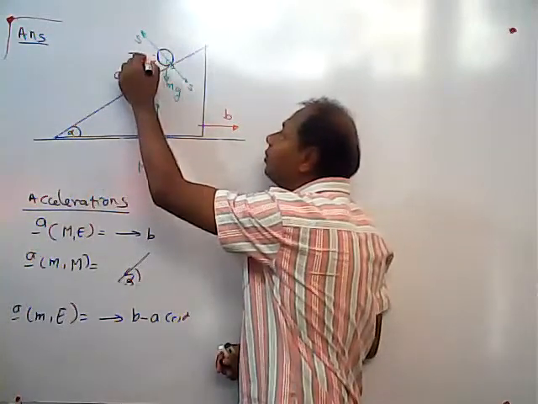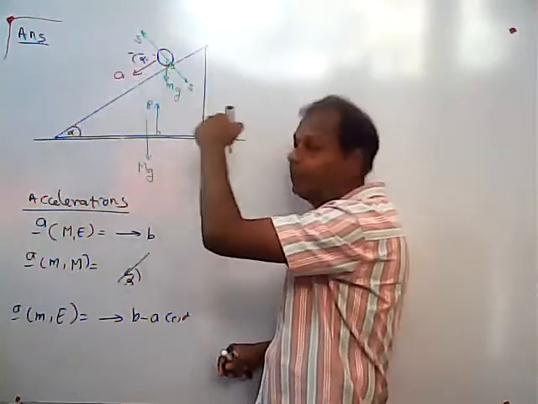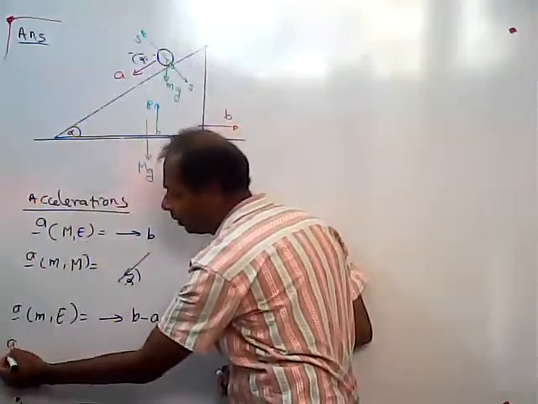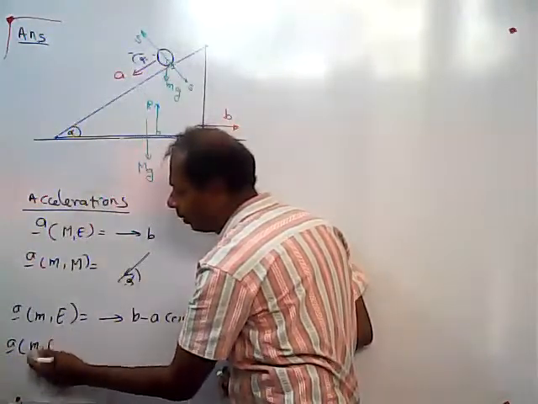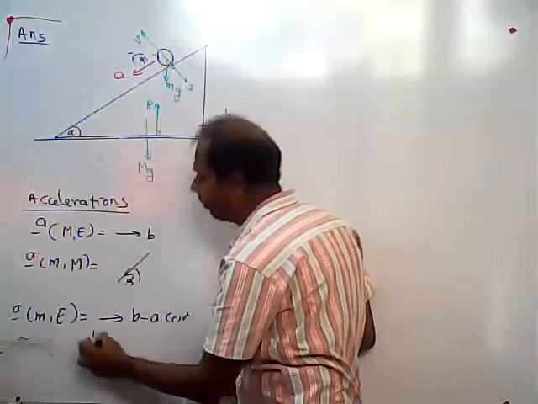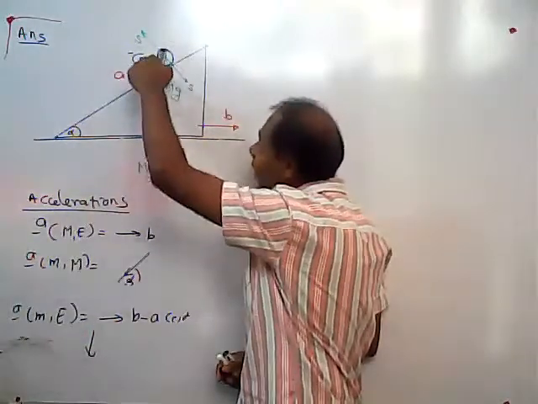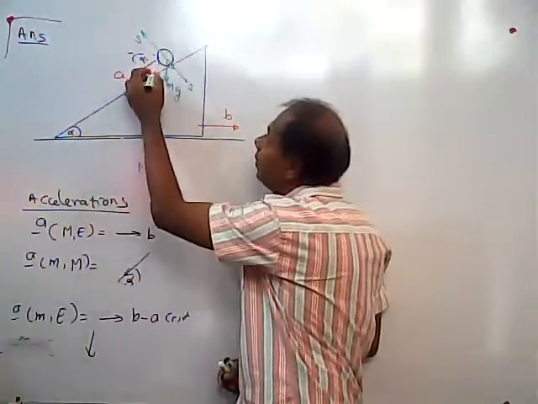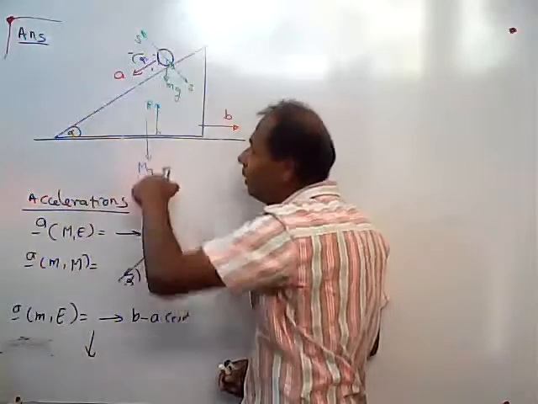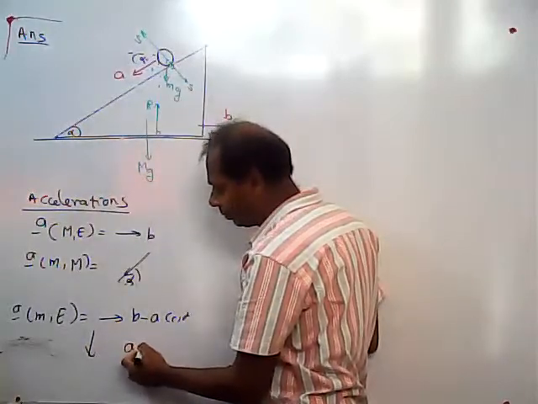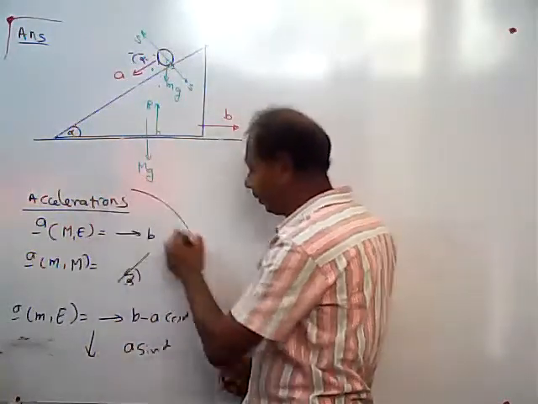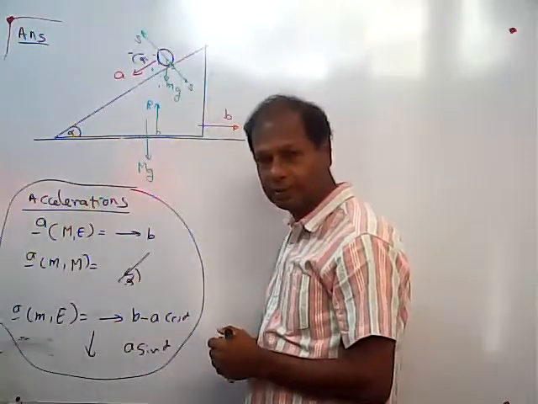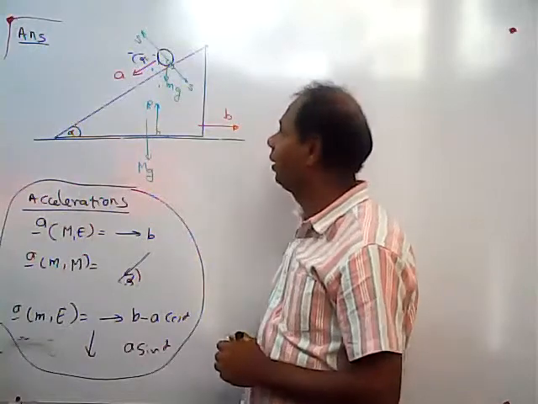That's the acceleration of the particle relative to the Earth frame horizontally, right? Then vertically, relative to the Earth frame, it will be a sin alpha downward, this angle is alpha, this is 90 minus alpha. So this is the explanation of accelerations of the system, right?